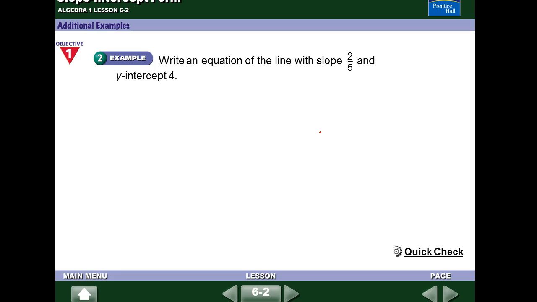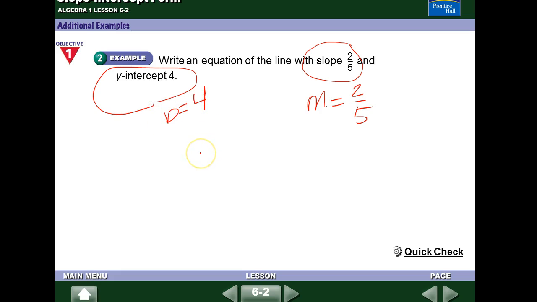Now, you need to write an equation, and I'm going to tell you the slope equals 2/5. So m equals 2/5. The y-intercept is 4. So b equals 4.